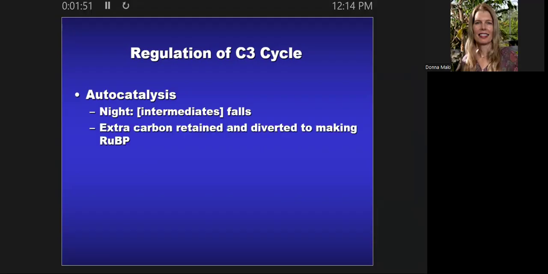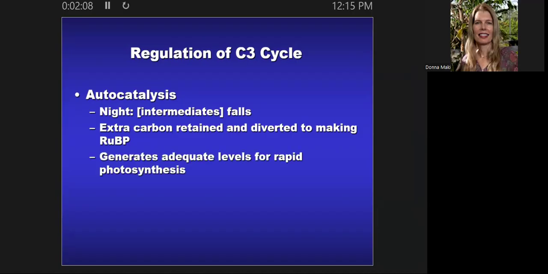And so what they've noted as they look at how the plant is doing this through the night is that they actually will divert and make sure that they have enough RuBP built up. They will run some special physiology at night in order to make sure that when the sun strikes the plant the next morning, they have enough RuBP, like a big pool of it ready to go. And so they do have that mechanism happening during the night just to make sure that they're all good.